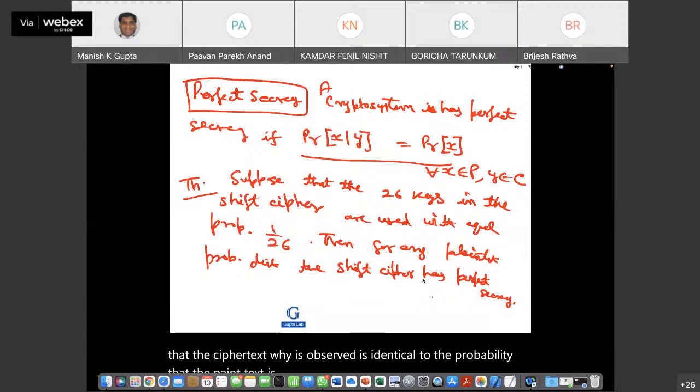This condition must be satisfied; then we say that the crypto system is perfectly secure. Loosely, that means Oscar can obtain no information about the plain text by observing the ciphertext. After that, we showed that shift cipher is perfectly secure. I think this was the last thing that we did.